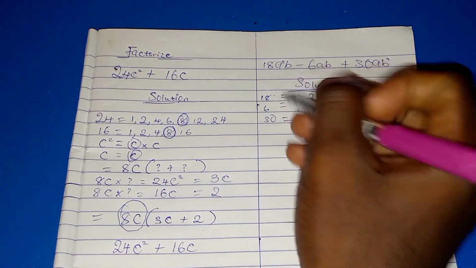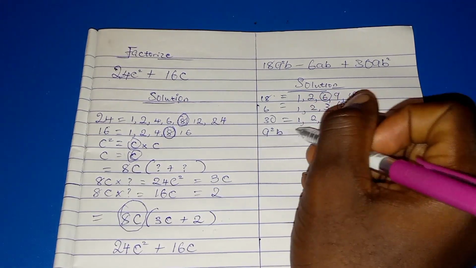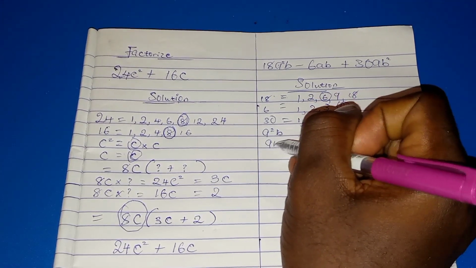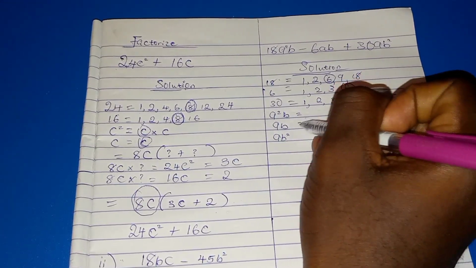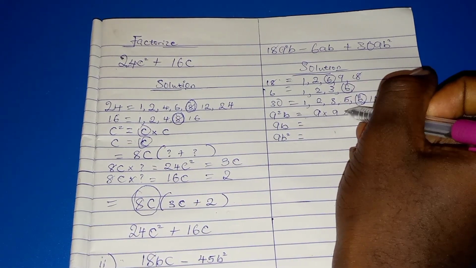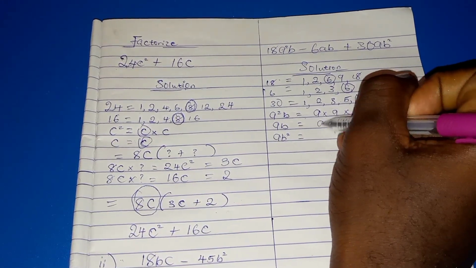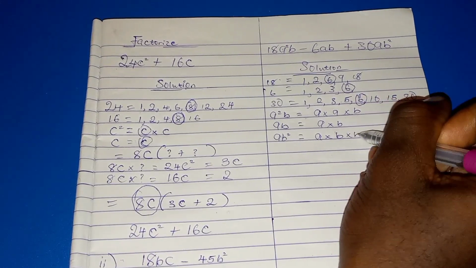Now we also have a squared b, we have ab, and we have ab squared. To break it down, a squared b is a times a times b, ab is a times b, and ab squared is a times b times b.